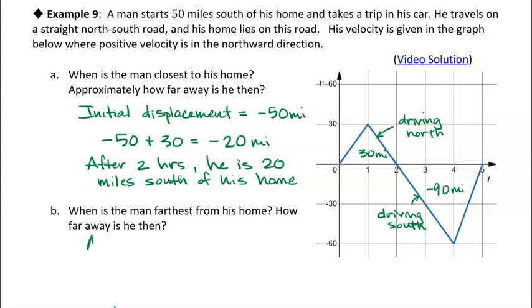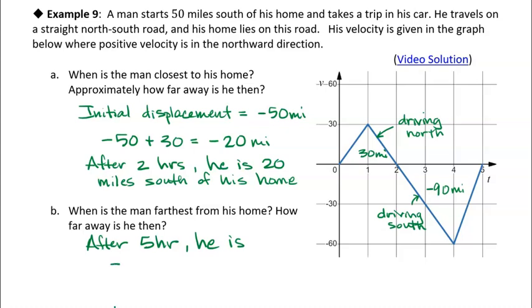So we're going to say after 5 hours, how far is he from his home? He drove 30 miles north and then 90 miles south. So he drove a net distance of 60 miles south, but he started 50 miles south of his home.